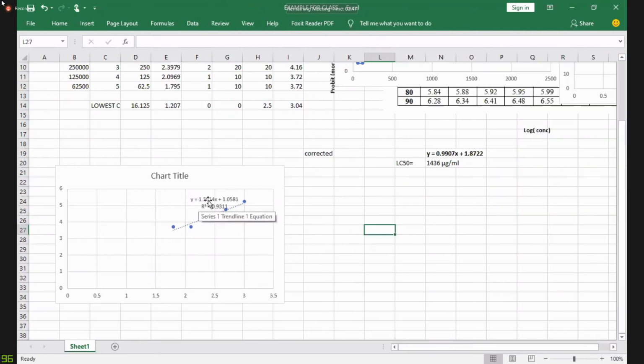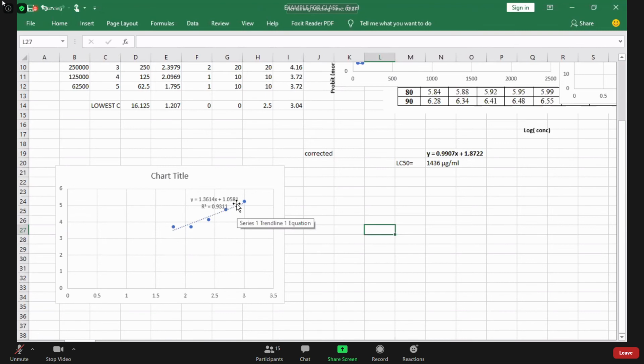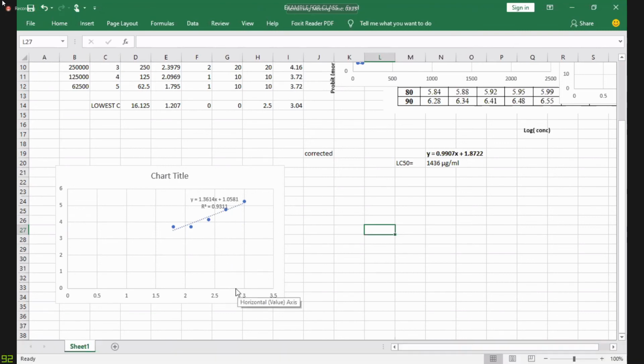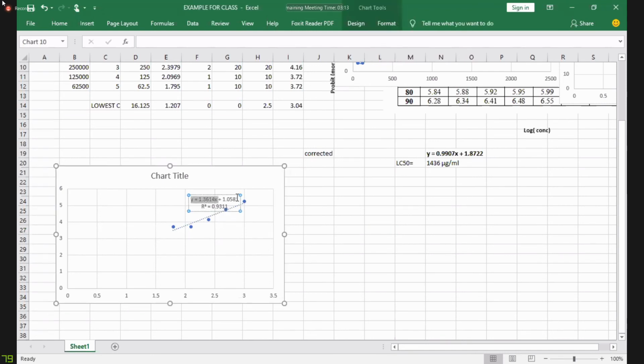So you will get an equation of the probit. This is a probit analysis, the log concentration versus the probit, where 5 is equivalent to 50%. You can simply estimate the concentration of 5 at this around 2.8, or you can just hand draw and extrapolate, or you can insert the equation. Are you with me? Insert the equation.